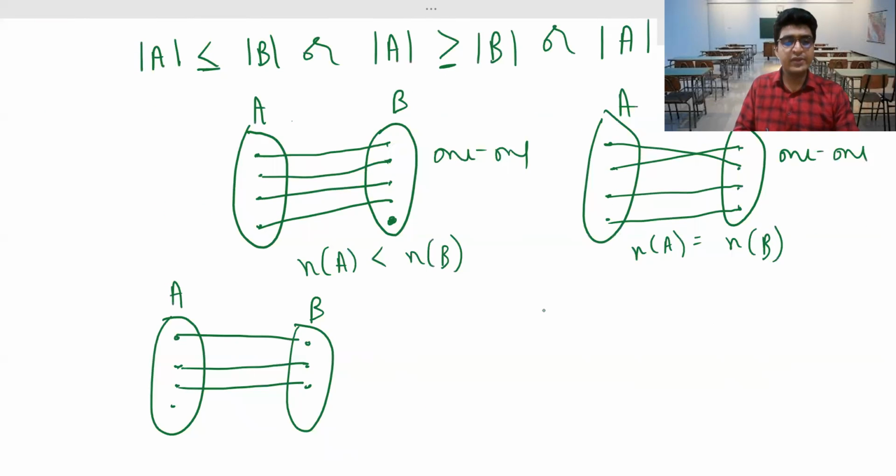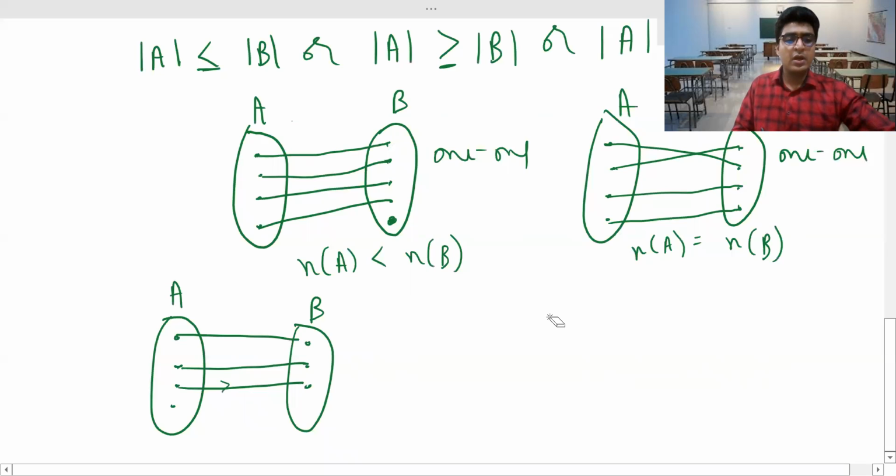If I try to associate it to this, okay, then there is a y in set B such that it has two associations, so that does not satisfy the definition of an injective function, so it is not allowed.